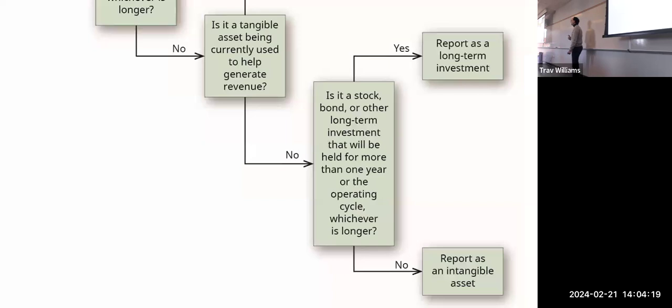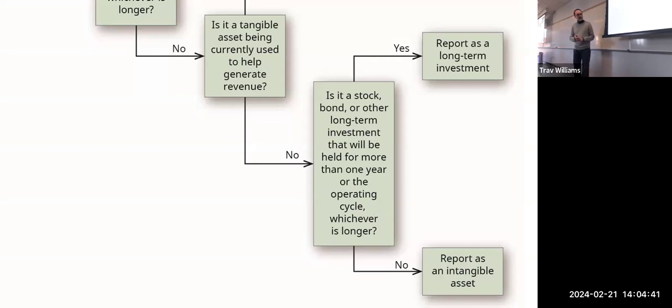Okay, so we can use this flow chart to determine, is it a current asset or is it PPE, a long-term investment, or an intangible asset? Those are going to be the 4 classifications of assets that we will be working with.